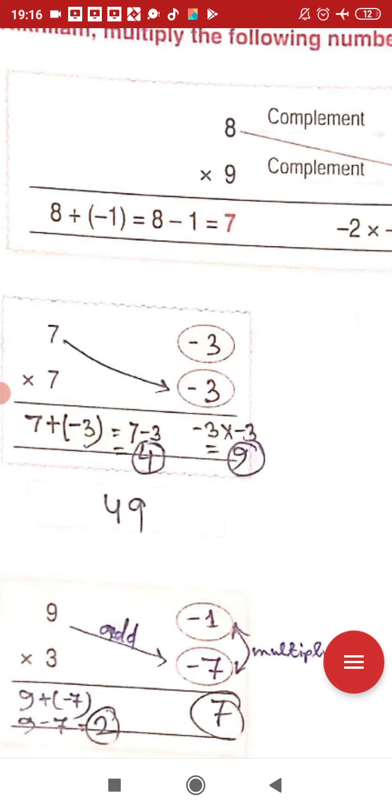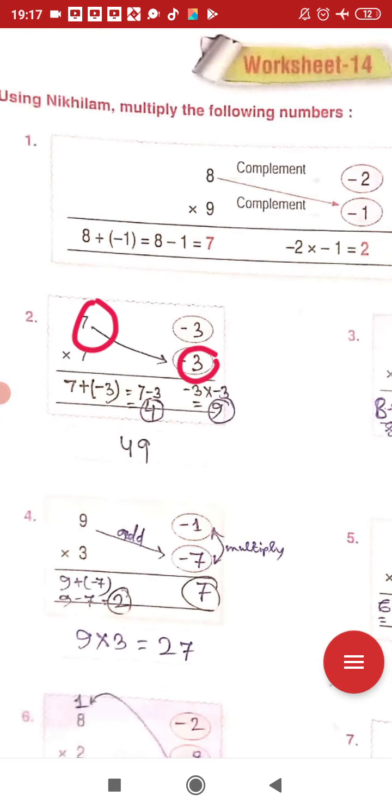Now we add 7, the first number, with the NIKHILAM of the second number. Both are same, 7. So just add 7 with minus 3. 7 plus minus 3.